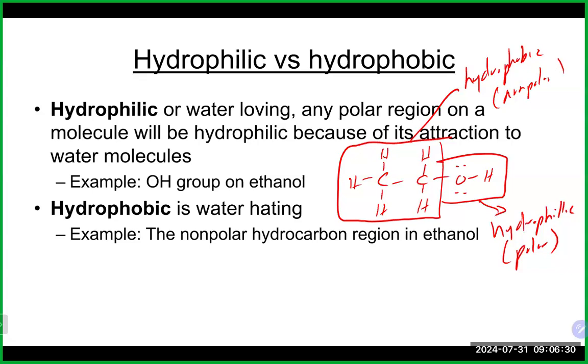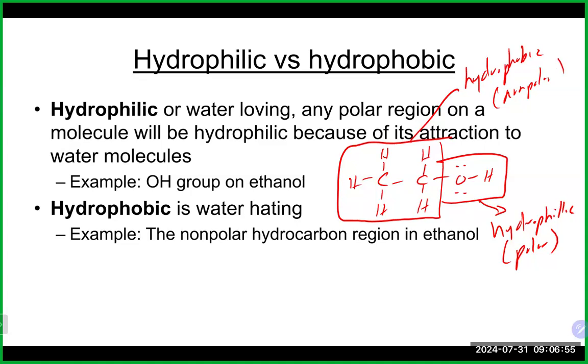Having these different regions within a molecule does affect things like solubility. You may look at ethanol and say it has a lot of carbons and hydrogens, that nonpolar part, so it shouldn't like water. But that's only a region of it, and it does have the hydrophilic part, which likes water and is able to interact with it.